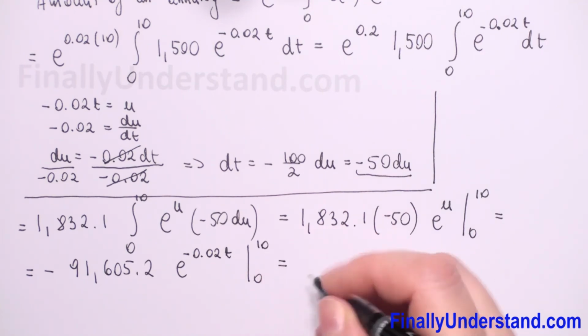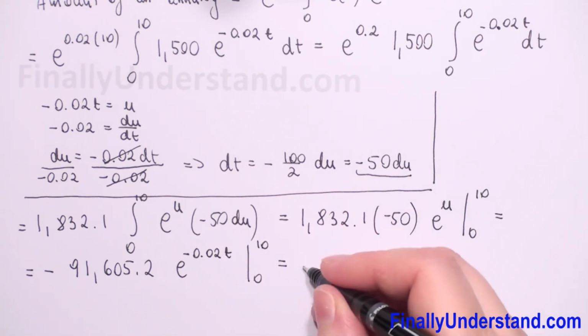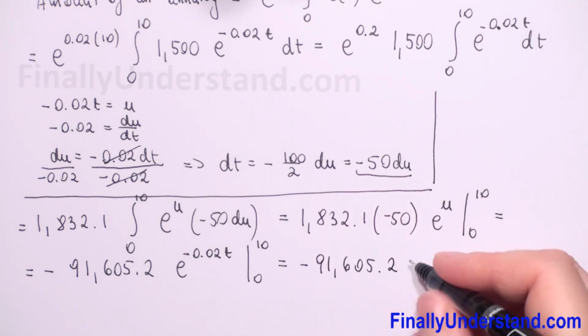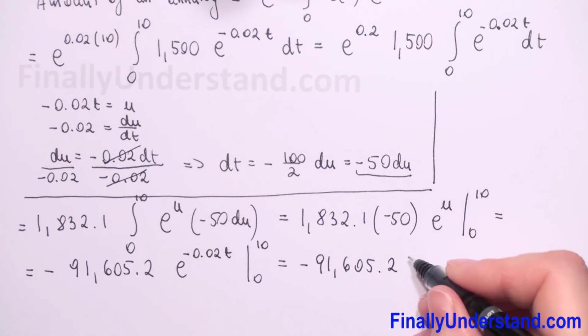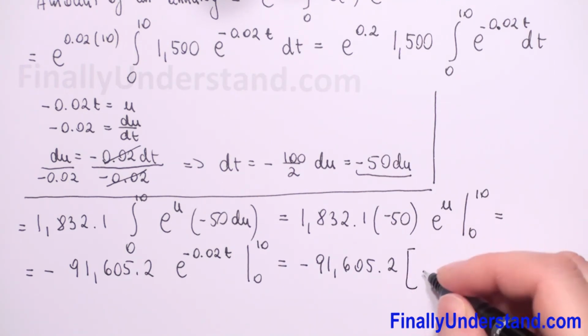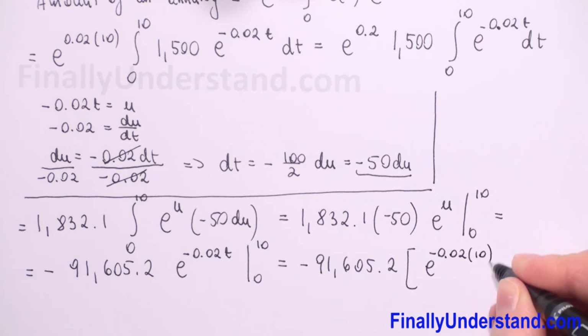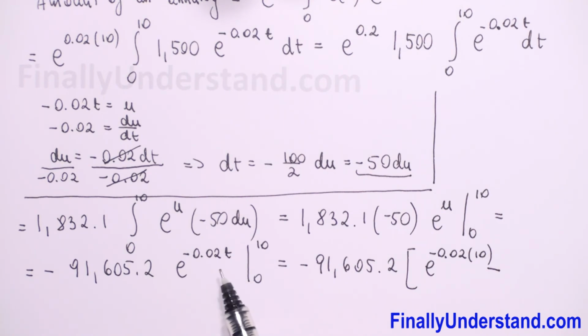I have to copy the constant. Now we plug in the upper limit, in brackets e to the power negative 0.02 times 10, minus the lower limit: when I substitute t by 0, 0 times this expression gives me 0, so we have e to the power 0, which is 1.